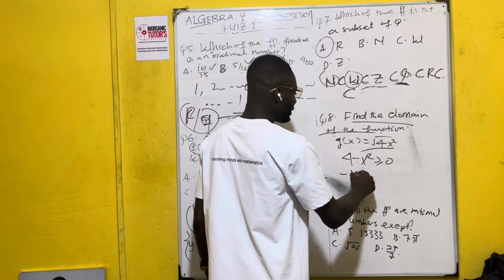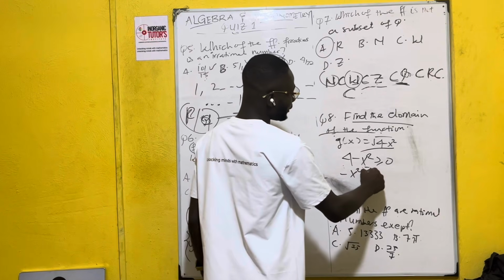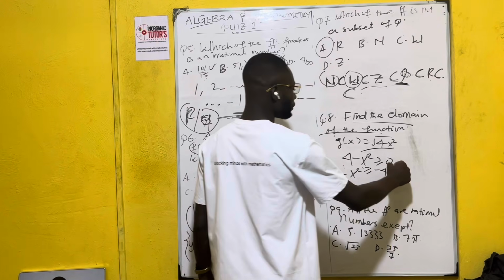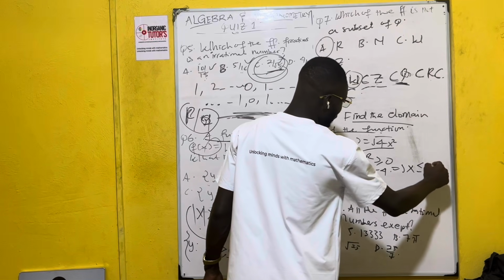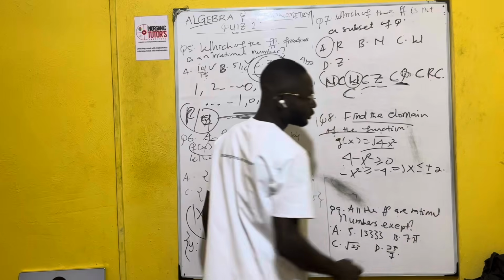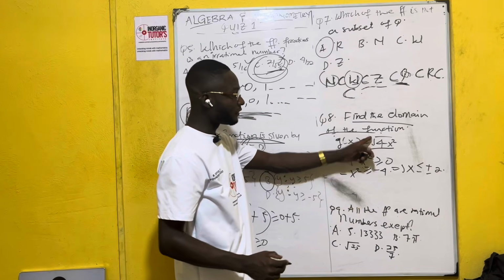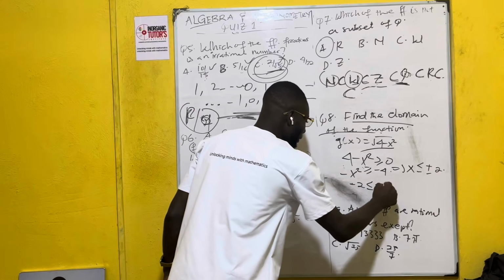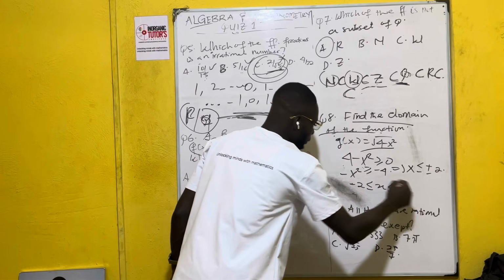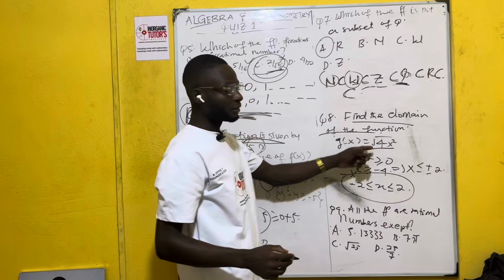So it means that negative x squared is greater than or equal to minus 4. So if you solve for x, you're going to have x less than or equal to plus or minus 2, right? So it means that the domain of this particular function is -2 less than or equal to x less than or equal to 2.